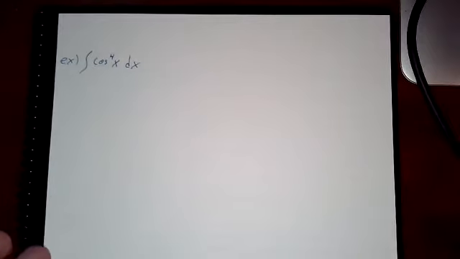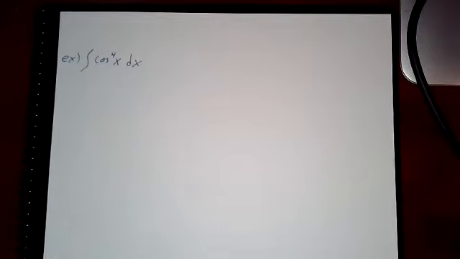What do you guys think we should do? Cosine to the fourth. We're gonna have to use the power reducing identity. Yeah, I think that'll be the best bet. Because we don't have a sine, so we can just reduce the power until it's low enough to do basic integrals, right?